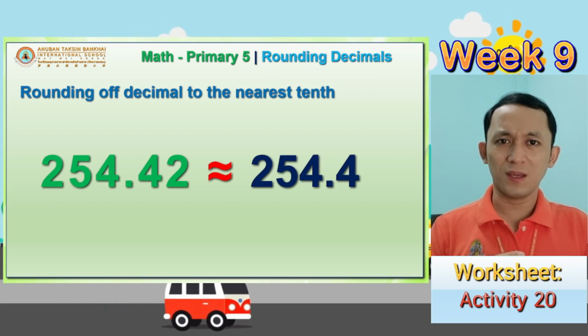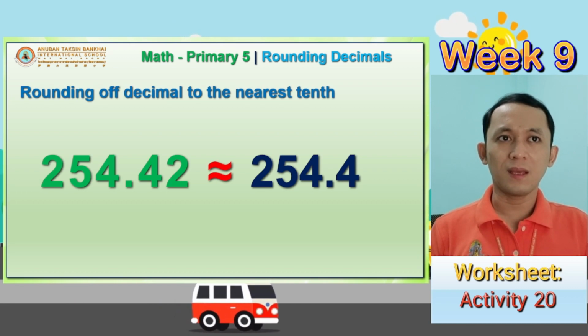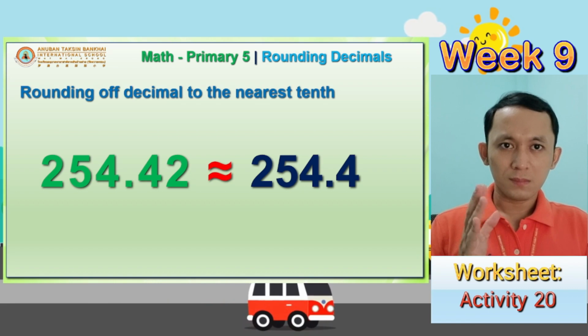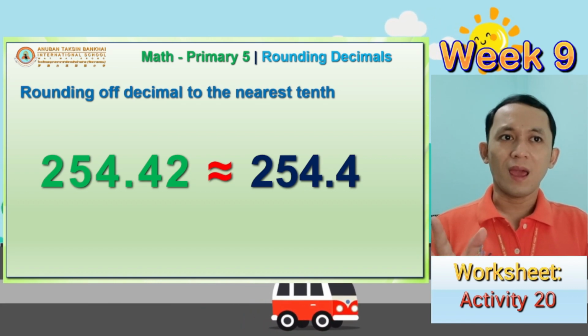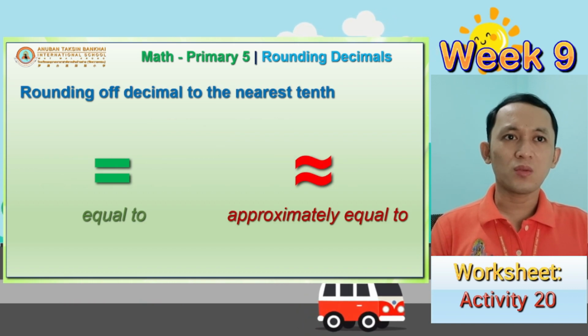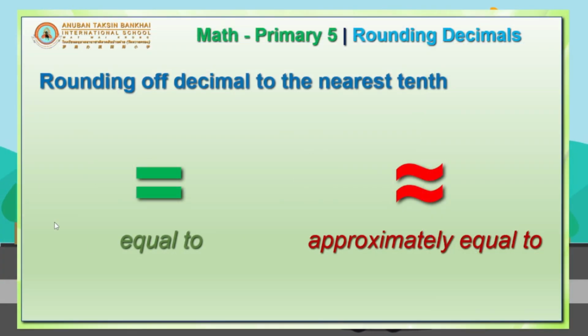Do not forget, the equal sign and the wavy sign are not the same. This one is read as equal to, and the other one is read as approximately equal to.